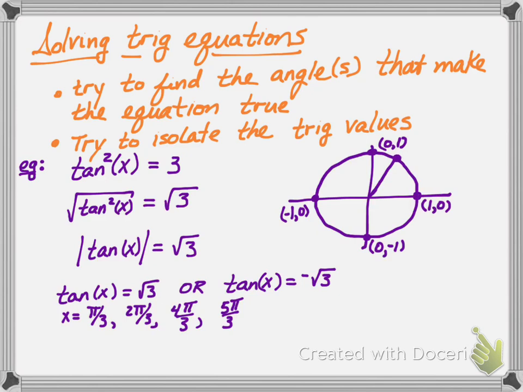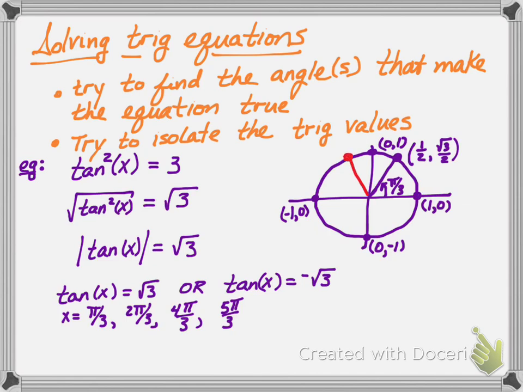If I look at the angle of pi over 3, the corresponding point is the point 1/2, square root of 3 over 2. And remember, tangent equals sine of x over cosine of x. So square root of 3 over 2 divided by 1/2 simplifies to the square root of 3.